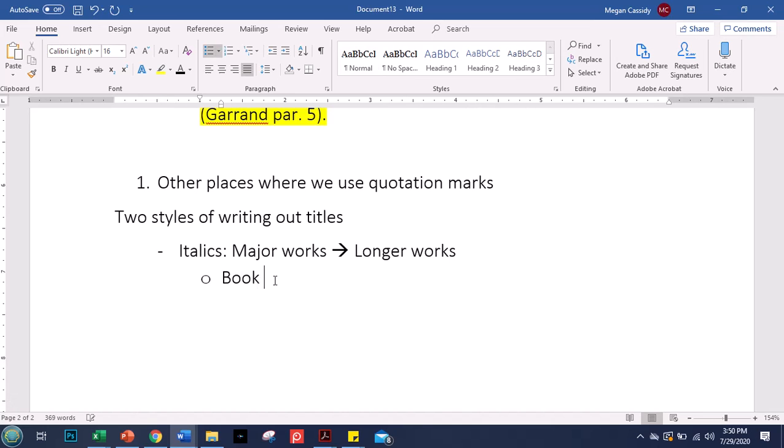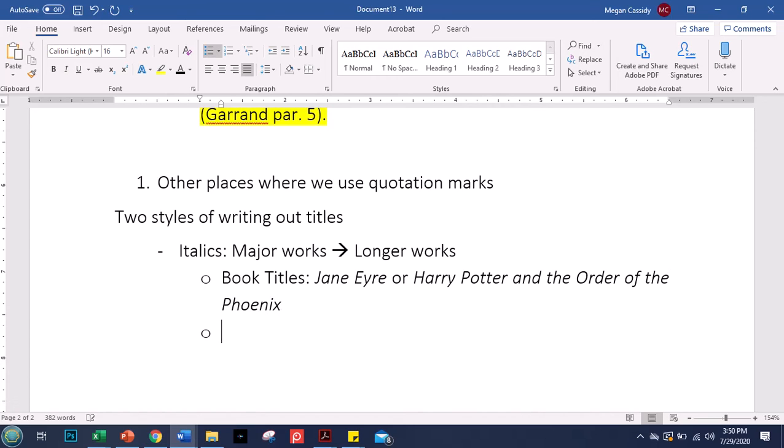There we go. Book titles. Jane Eyre. Or Harry Potter and the Order of the Phoenix. I didn't think that out before I picked that. It's quite long.